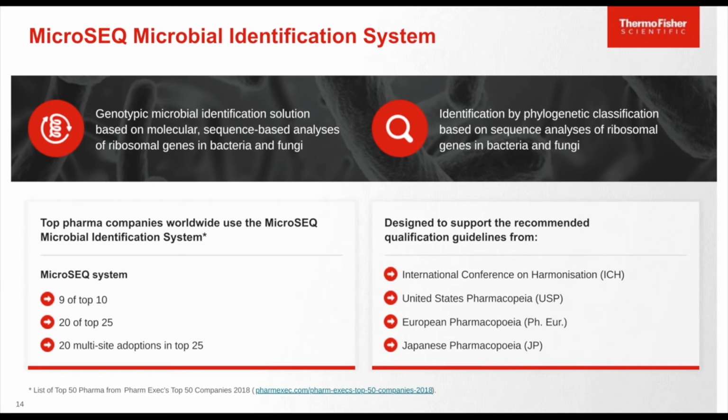The MicroSEQ ID method is a well-established genotypic system that has been adopted by 23 of the top 25 pharmaceutical organizations globally, and 20 out of the top 25 pharmaceuticals have multi-site adoption. So the genetic sequencing has been considered really as the gold standard for phylogenetic classification of bacteria and fungi, and has been designed to support the recommended qualification guidances.